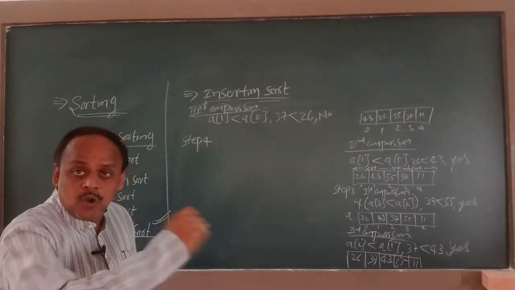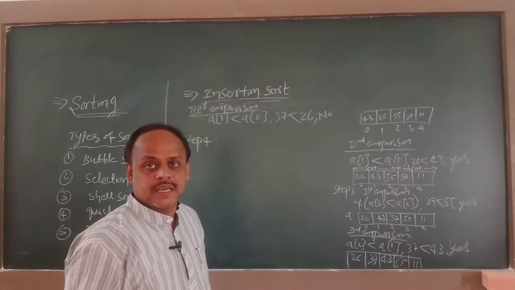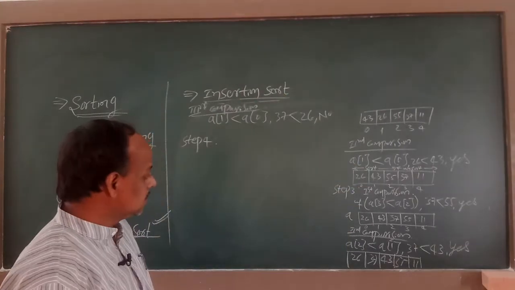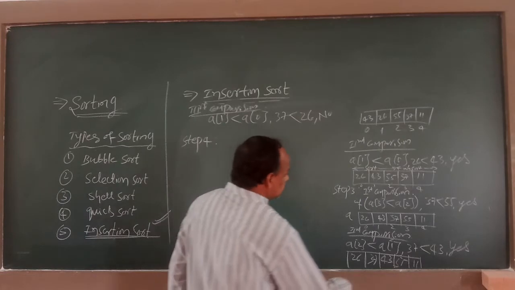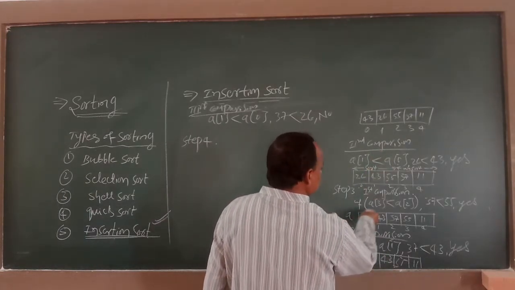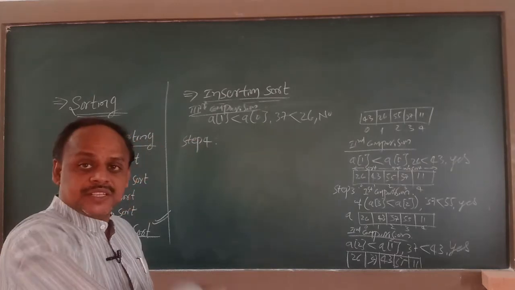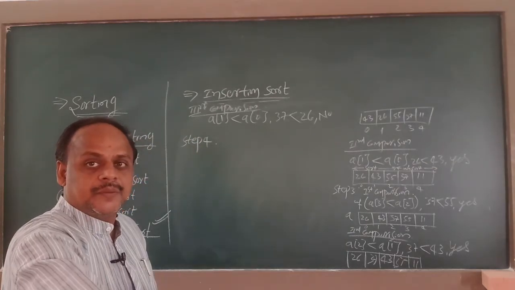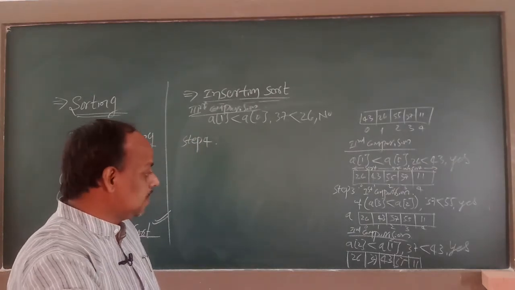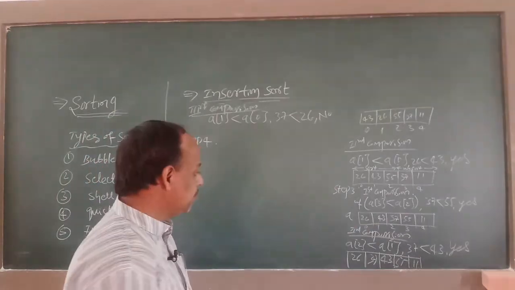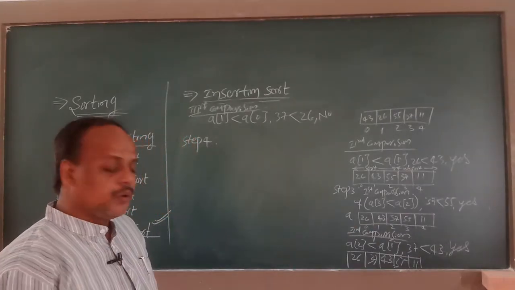So whenever no comes, we have to go for the next step. In the previous step, fourth element and third element comparison is over. Now we have to take fifth element with fourth element.